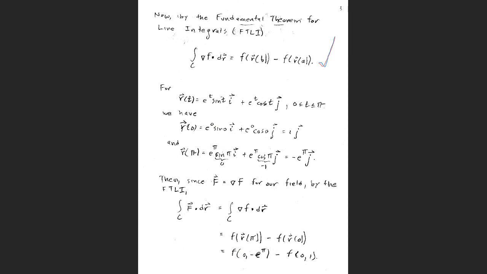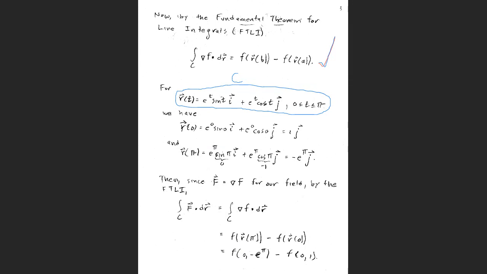So here's the fundamental theorem of line integrals, and here was that position vector. That defines my curve C. As it moves with respect to time, it traces out a curve C in the XY plane.